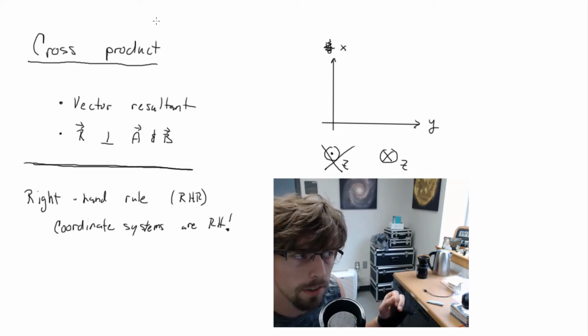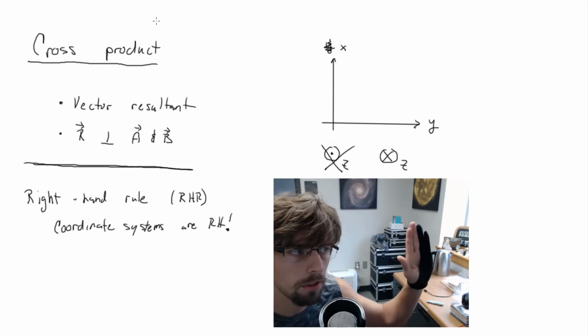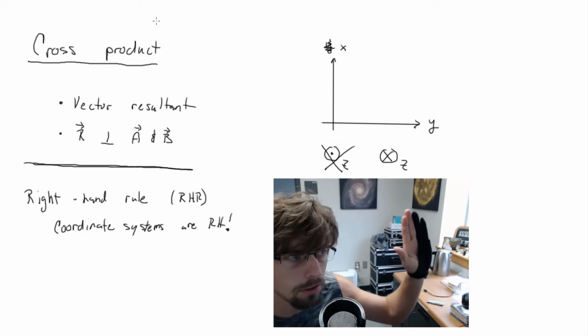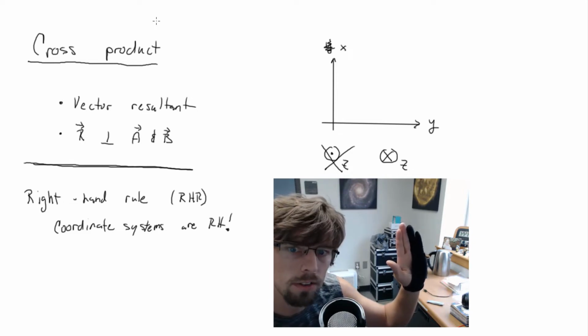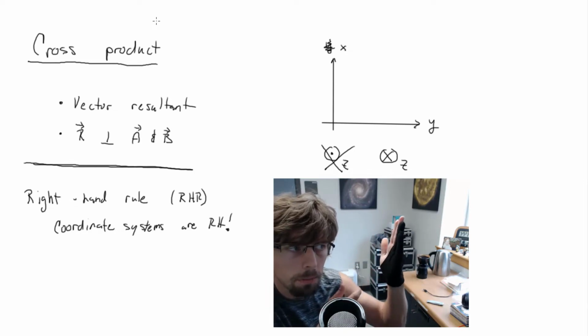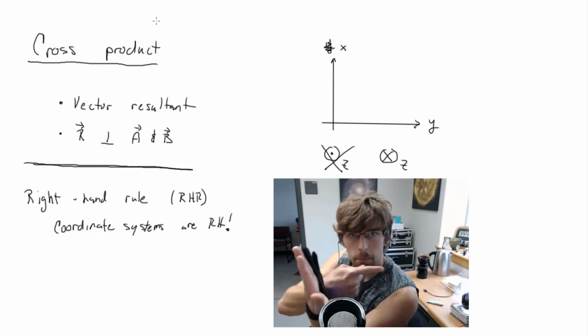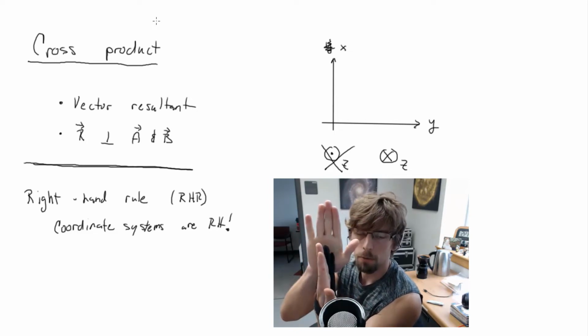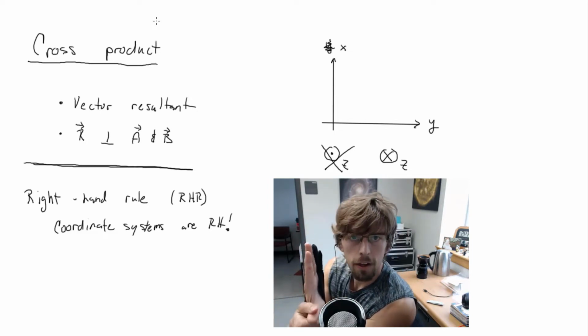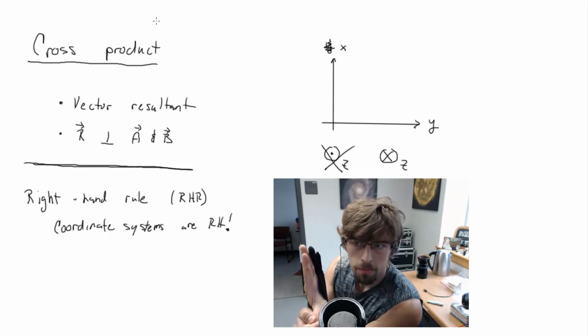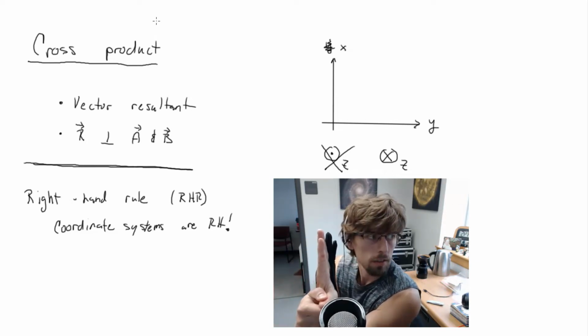For the case on the screen, put our fingers pointing up in the x direction, then point the palm in the direction of y. My palm is now pointing this way, my fingers are pointing up, and lastly my thumb gives the direction of z, into the screen, as you can see.